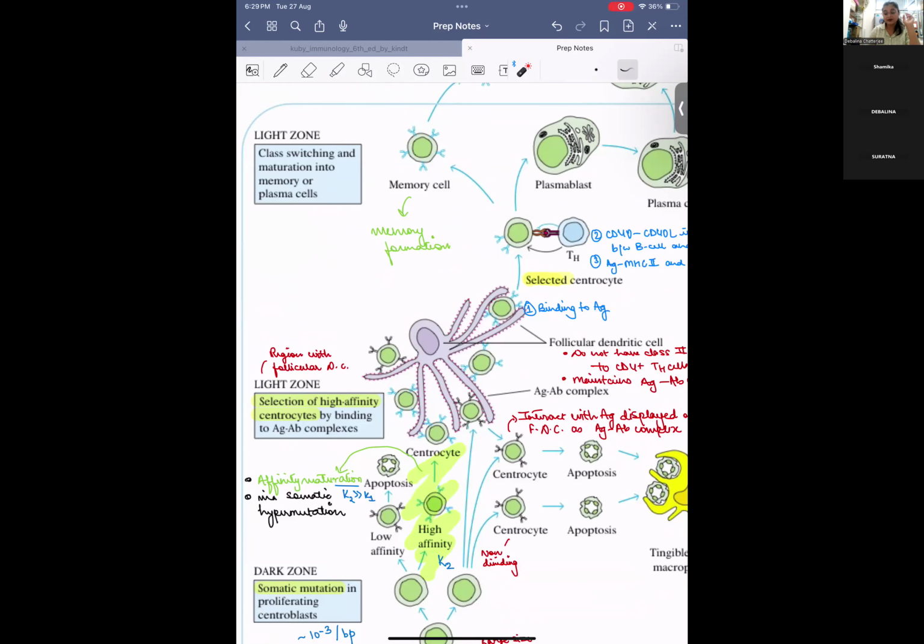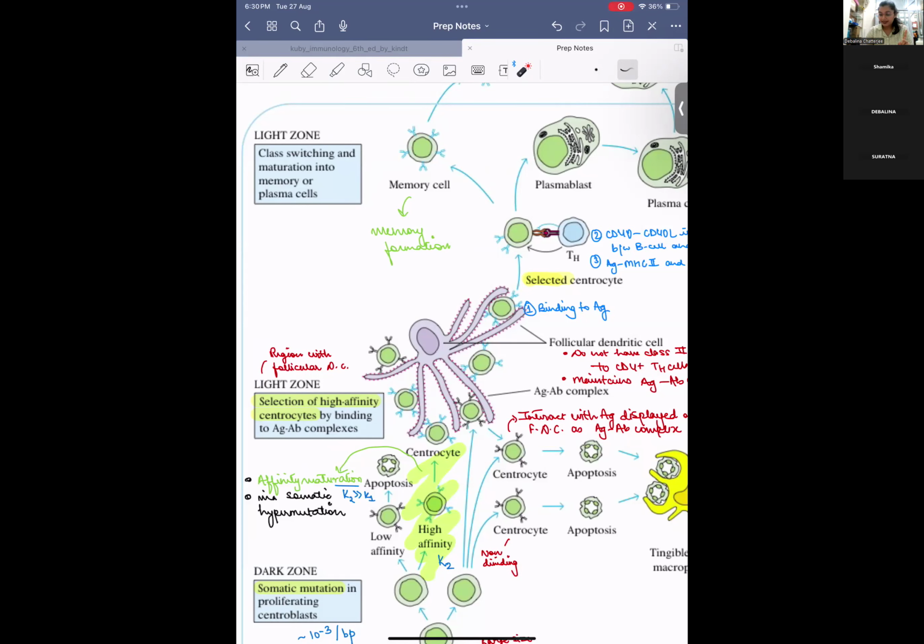This is called the follicular dendritic cell. We have also encountered the name of this particular cell type while we were discussing our lymphoid organs. Again, if you do not recall anything, please go back to the previous classes, and you will have to always try and bring things together whenever you are studying immunology, right?